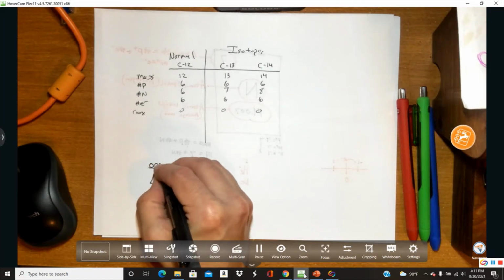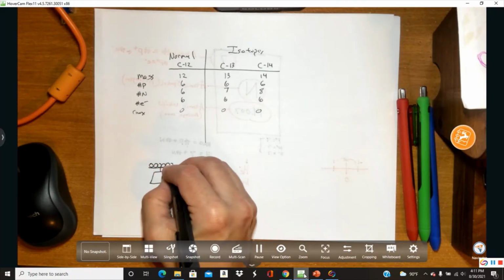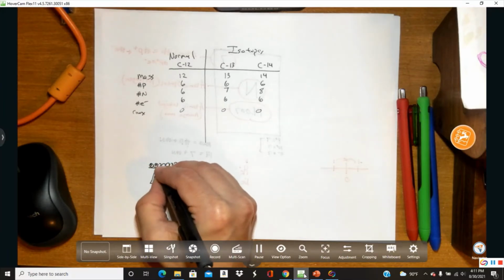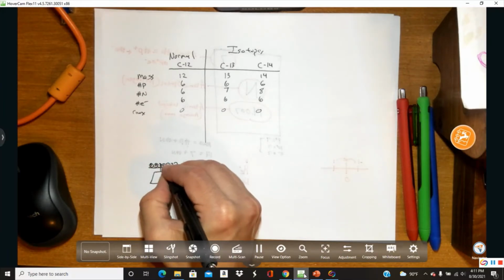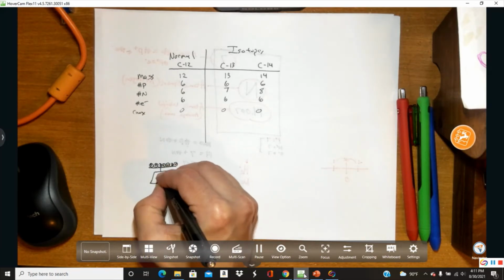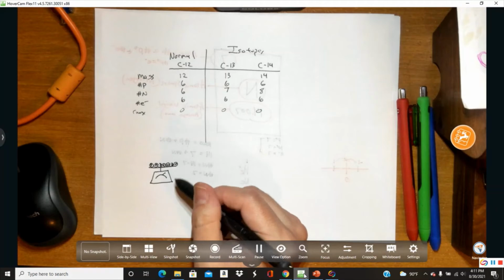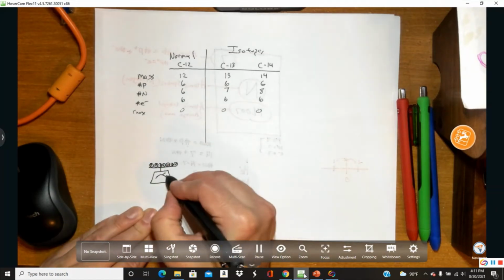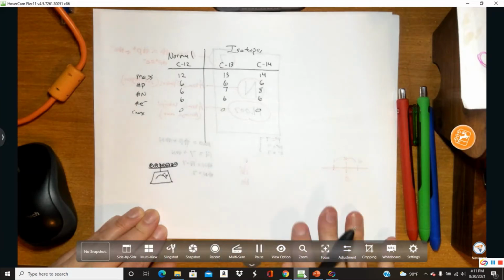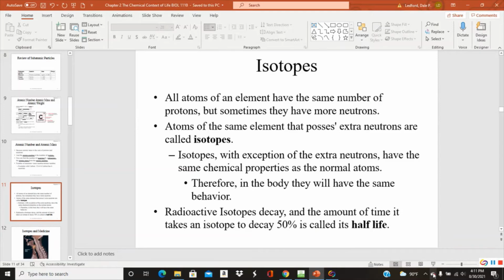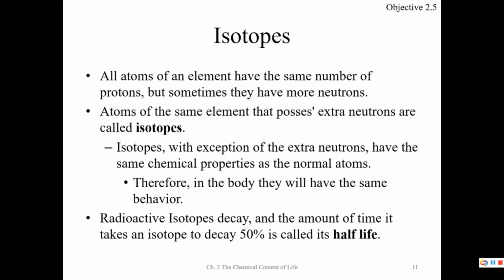I have the protons and I have the neutrons, and this will create a mass because these two are different. When you add more to it, you're just going to make the mass go up. That's what we're doing here. Hope that makes sense.